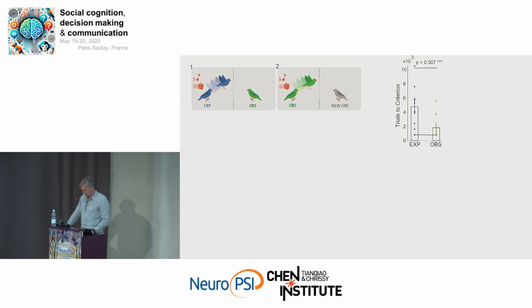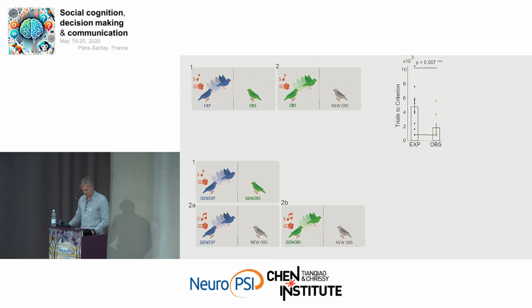And now to go back to the question of knowledge, what knowledge did they acquire? So we had birds that we first trained with the stimulus S, and then we switched to the syllables from the other day. First we looked at the experimenters, how they generalized their knowledge to a new set of stimuli, and then the observers.